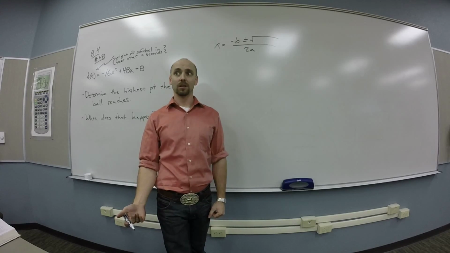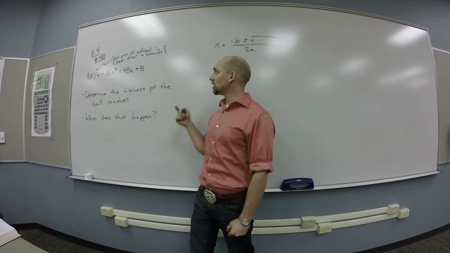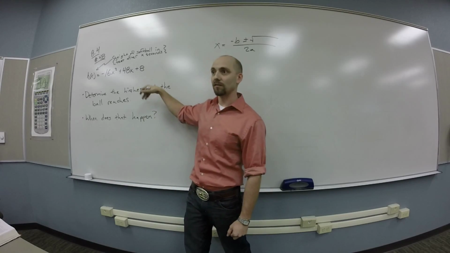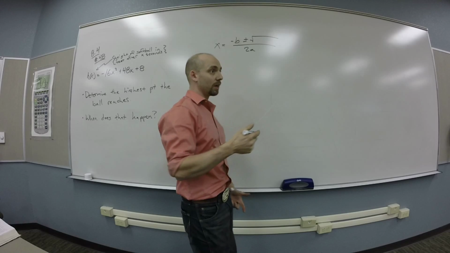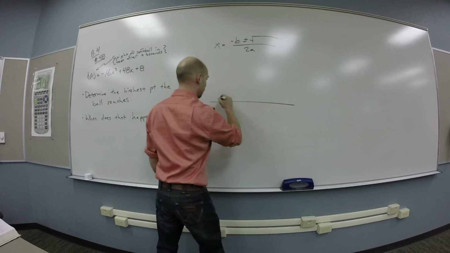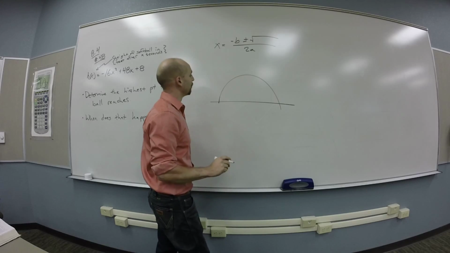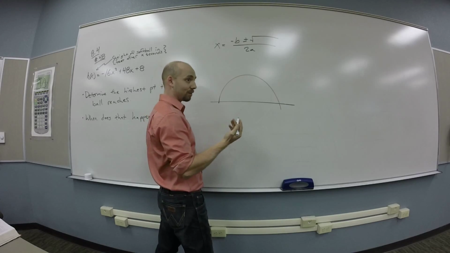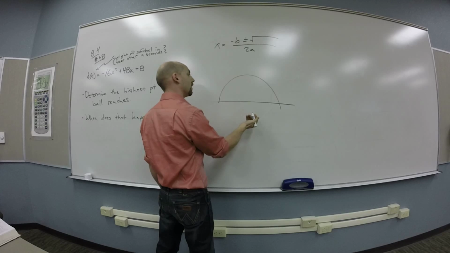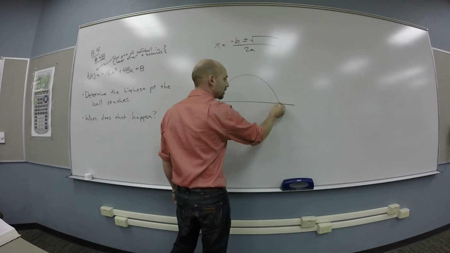You guys see that? Okay, so if I think about my parabola as having this kind of action going on, this is actually a much better half circle than it is a parabola, but there are these two spots where it's on the ground.